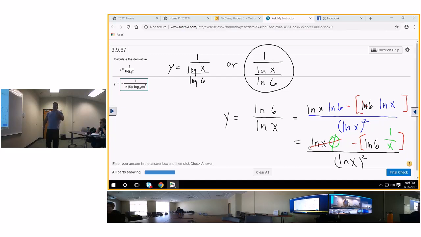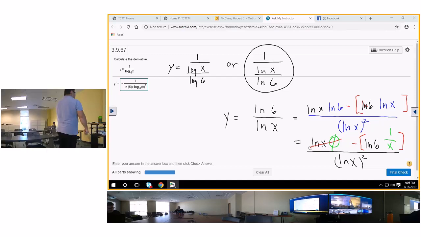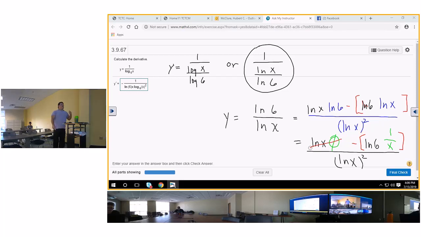What did Mr. Swords do? I think it was Mr. Swords. He did 1 over 6. What is the natural log of 6? When you punch that in your calculator, what do you get? You get a number. You get a constant. What's the derivative of any constant? 0. That's a trick. Teachers love to put those in these type problems.